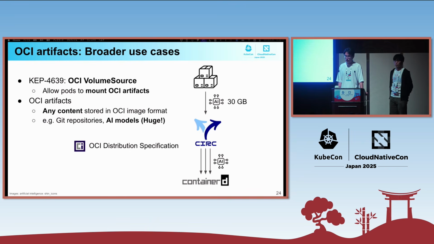OCI artifacts follow the OCI image format, and CIRC implements the OCI distribution specification. So with CIRC, we can pull huge AI models quickly. CIRC handles OCI artifacts, and this will contribute to fostering the OCI ecosystem.